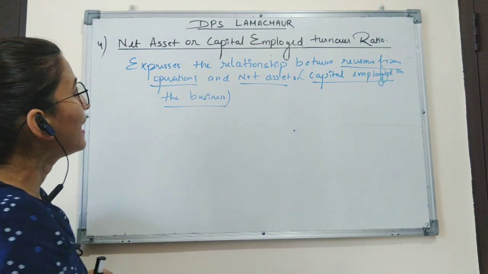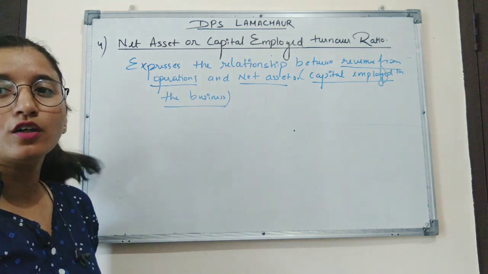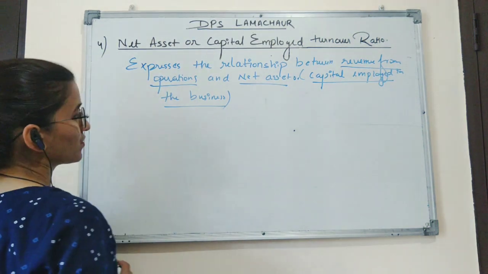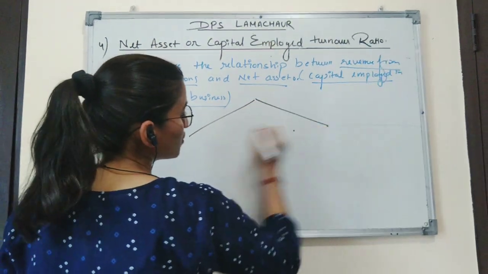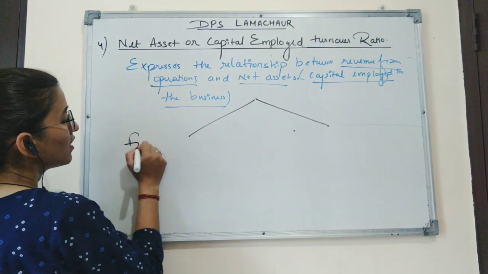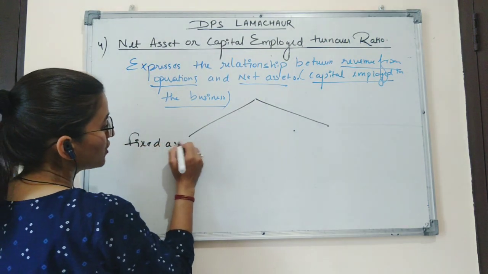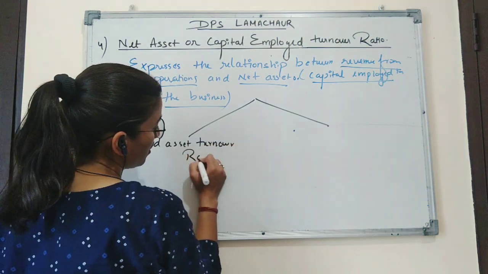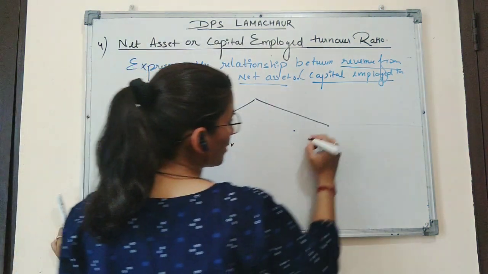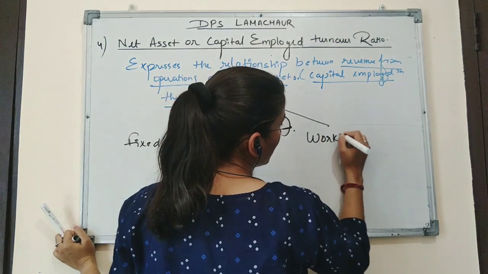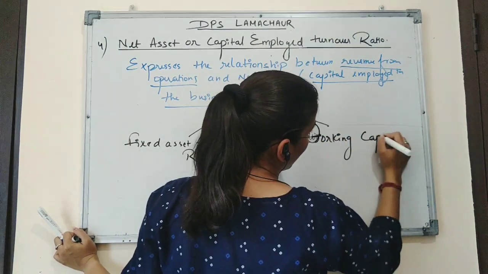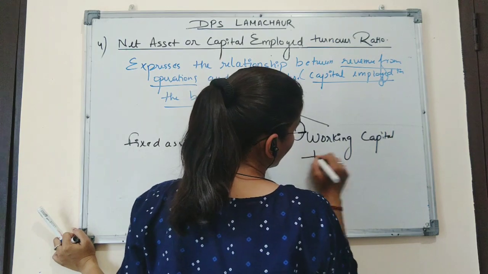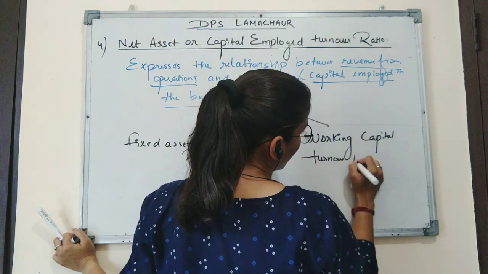So here, the net asset or capital employed turnover ratio includes two ratios. First is the fixed asset turnover ratio, and second is the working capital turnover ratio.